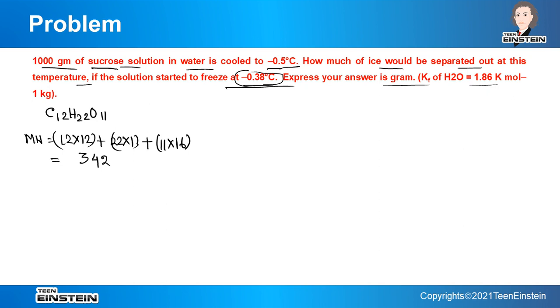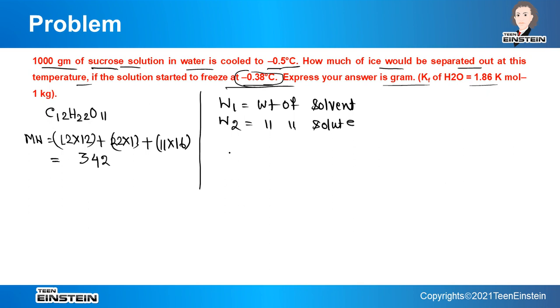Now we will solve this problem in a slightly different way that we have not done before, because if we do it this way, it will be easier. So suppose W1 is the weight of solvent, W2 the weight of solute.